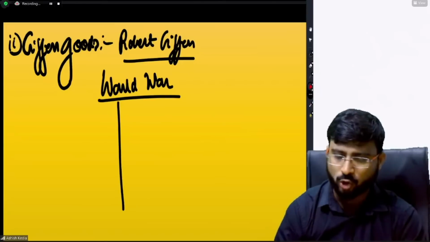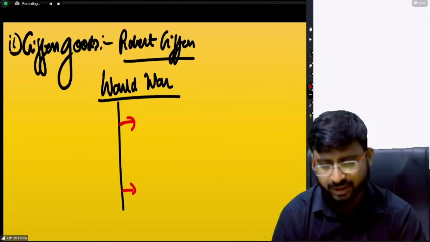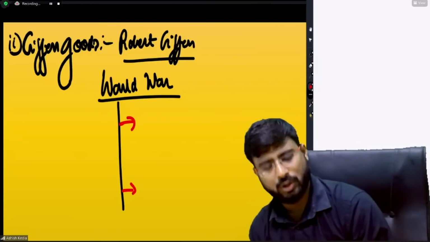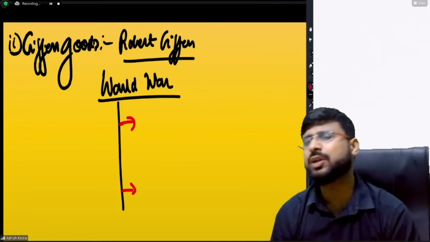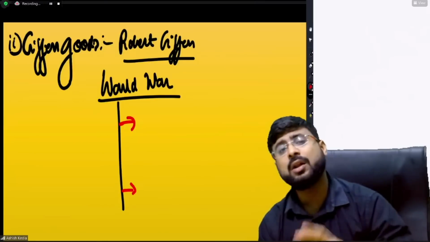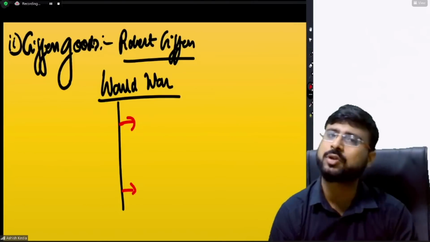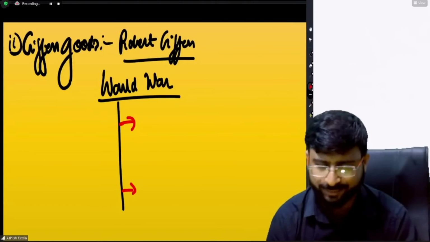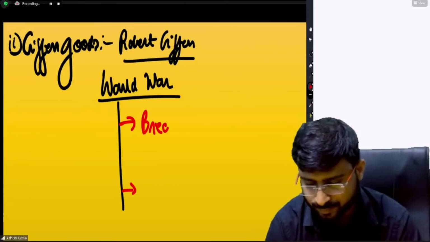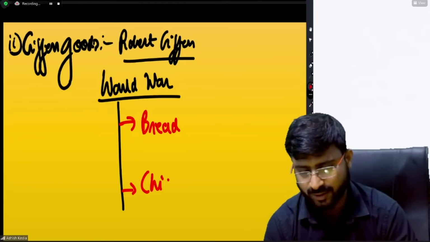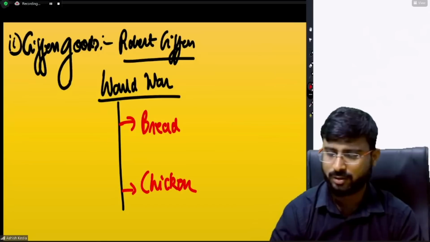What Robert Giffen observed was, suppose there are 2 types of goods. During the World War in Britain, people used to consume mainly 2 types of commodities. Mainly bread and chicken, let's say, for example.